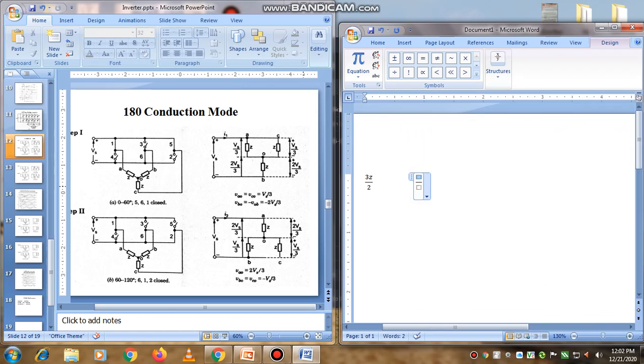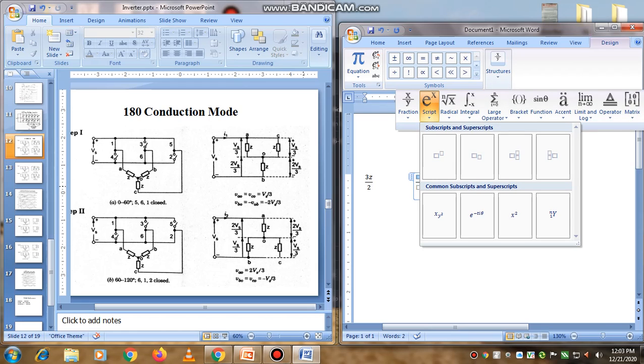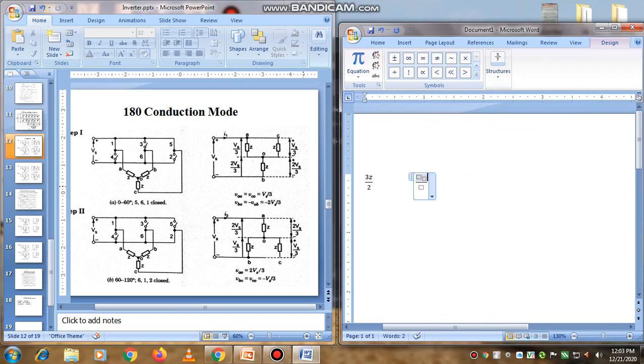Voltage, that is Vs, divided by total impedance is the total current. What is the total impedance? 3Z by 2. When I write 3Z by 2 over here, the 2 will go on the upper side, so it will become 2Vs by 3Z. This is the total current.